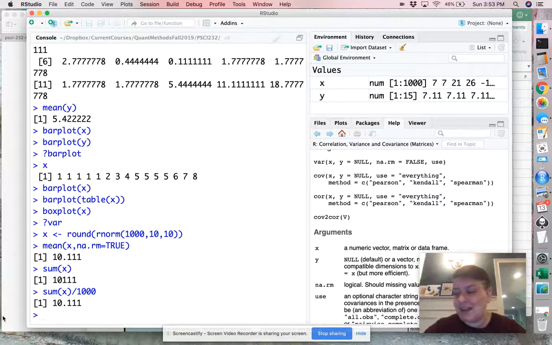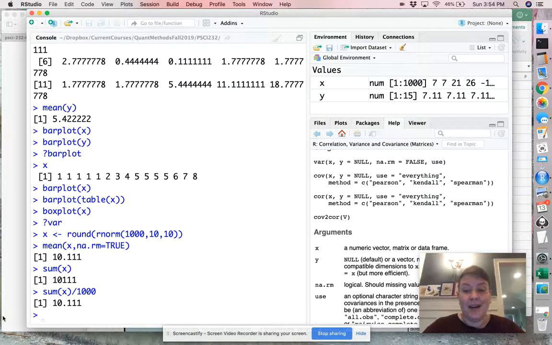Don't worry about it. Second is the median. Now, in a normal distribution, the median is going to be roughly the same as the mean. It is the value that divides your distribution, or divides your vector in half, so that 50% of observations are above and 50% of observations are below the median.